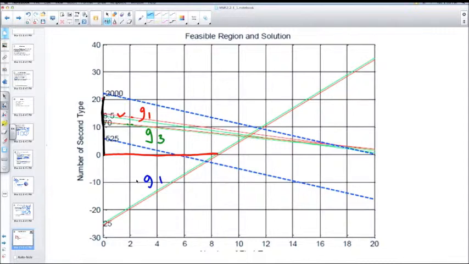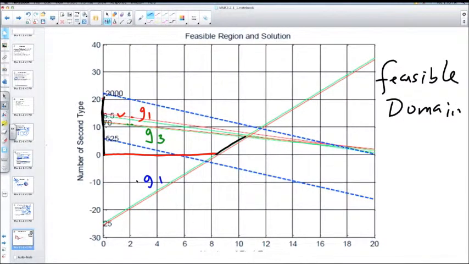So altogether, it gives you a so-called feasible domain, which I'm drawing right now. It is obviously this smaller one. So that's the feasible domain.